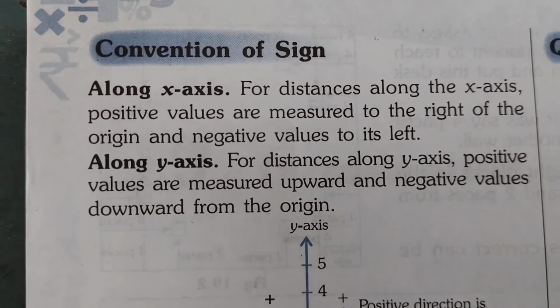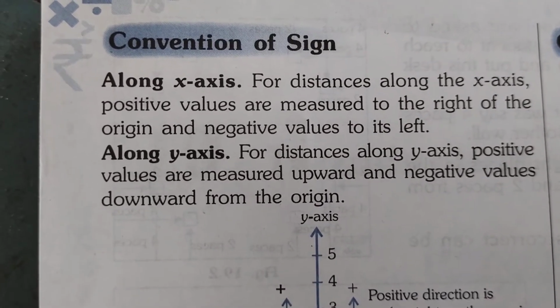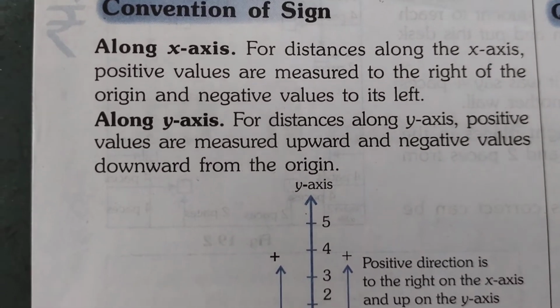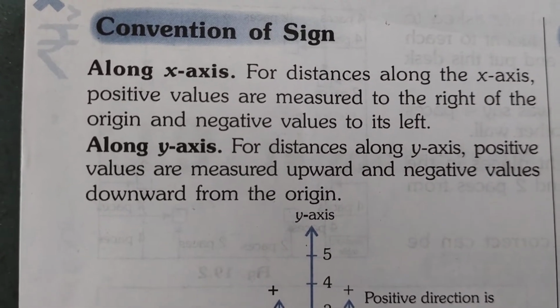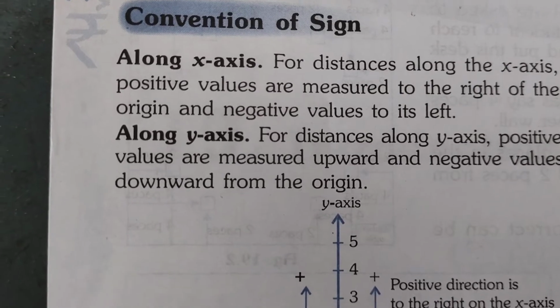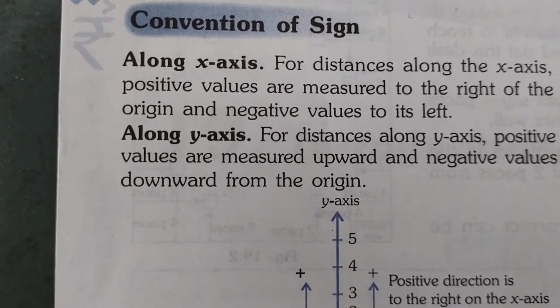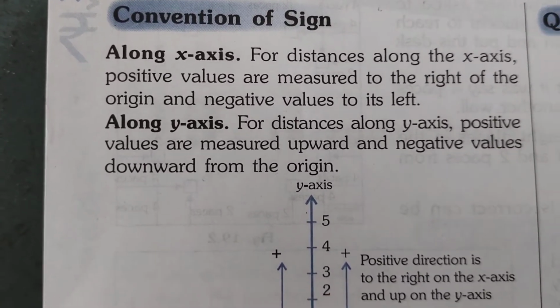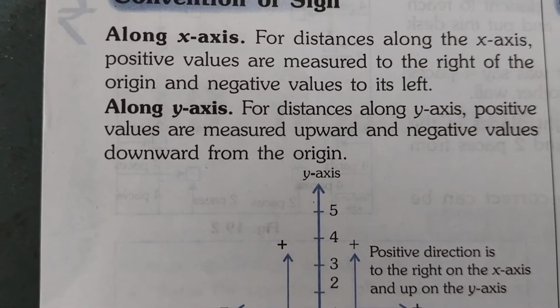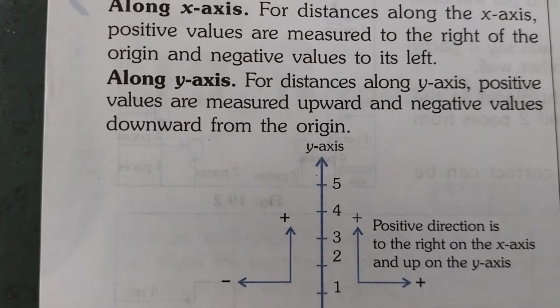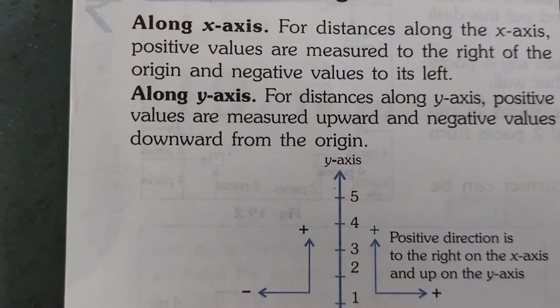So here is the convention of sign. For distances along the x-axis, positive values are measured to the right of the origin and negative values to its left. For distances along the y-axis, positive values are measured upward and negative values downward from the origin.